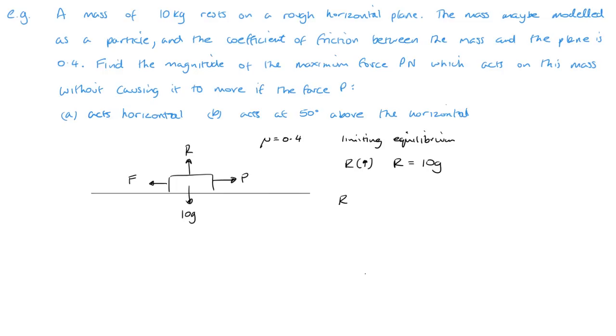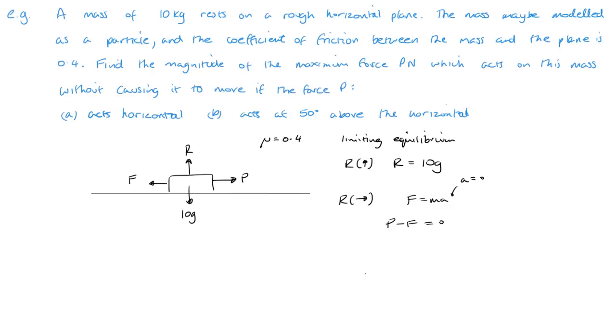Now resolving horizontally, we can deal with this as F equals ma. The acceleration is 0 because it's not moving, so it's just F equals 0, and that would mean that P minus F equals 0.